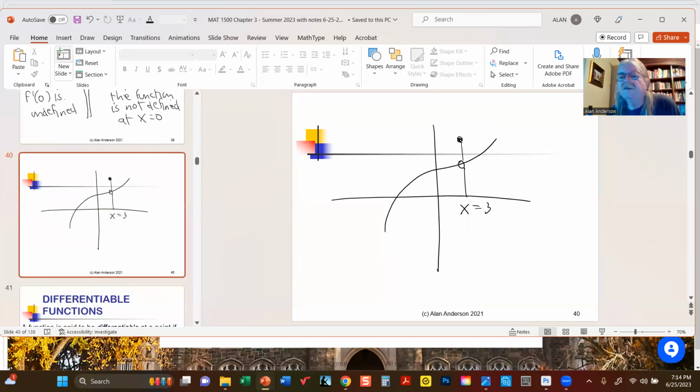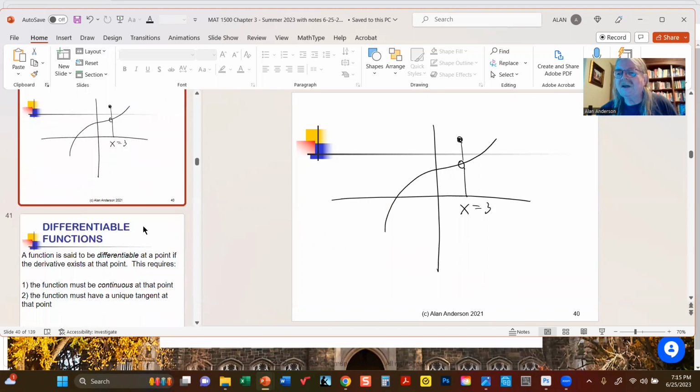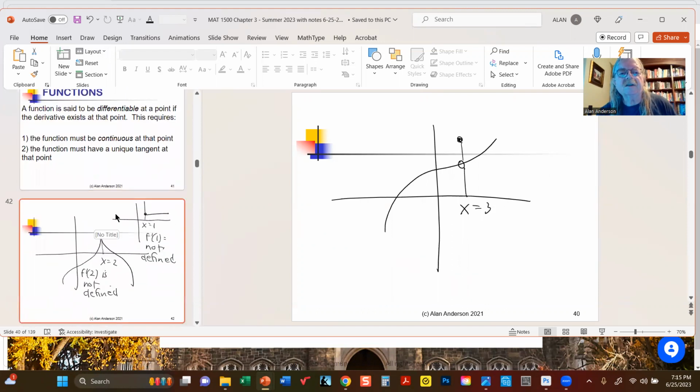There'll be no derivative at that point because the limit is undefined. So those are the strange situations where the derivative doesn't exist.